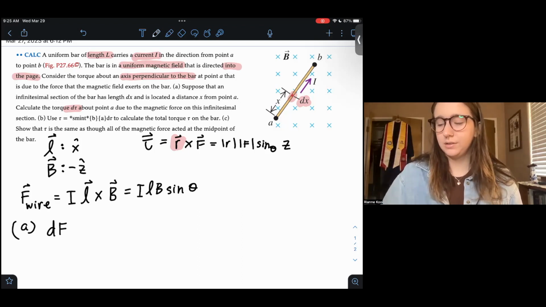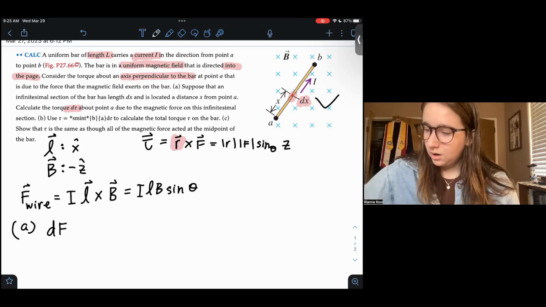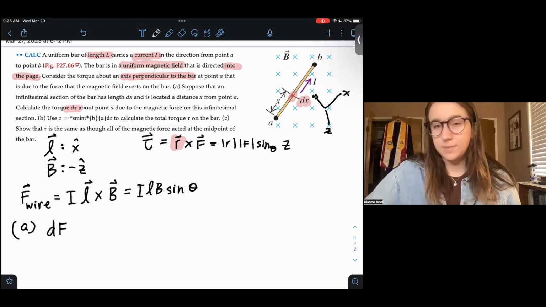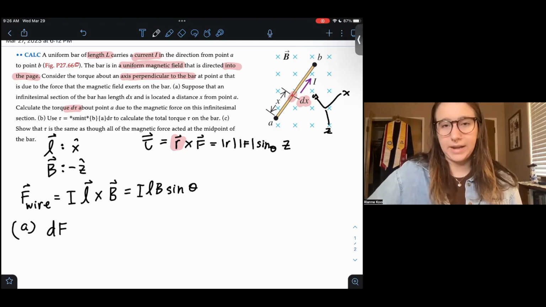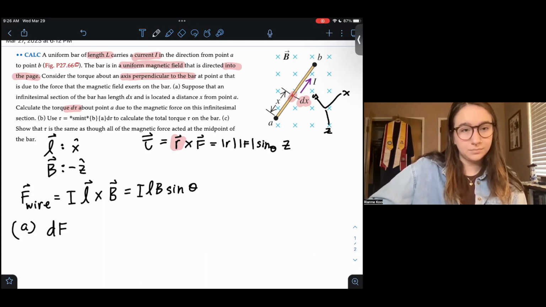But firstly, let's go back to our little drawing right here and think about our axes. That's x, y, z. So what is special about our length vector and our B field vector? They are at 90 degrees with each other. They're perpendicular.